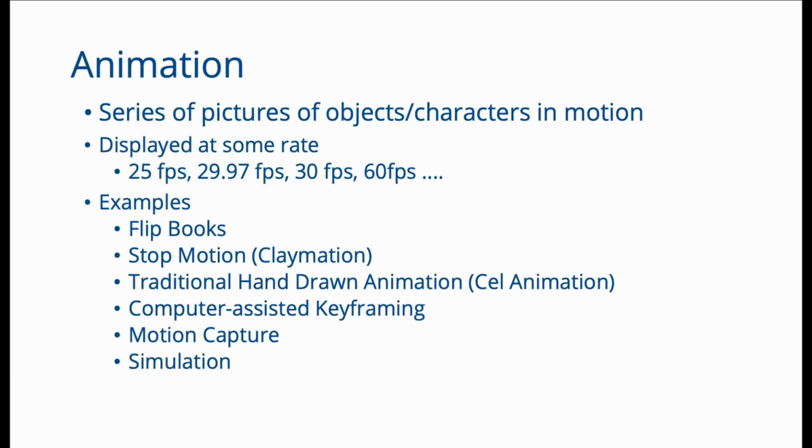Then you have traditional hand-drawn animation where you draw these various images or frames by hand and you draw all your objects and your characters by hand. This is extremely laborious and requires a lot of skill on the part of the animator.